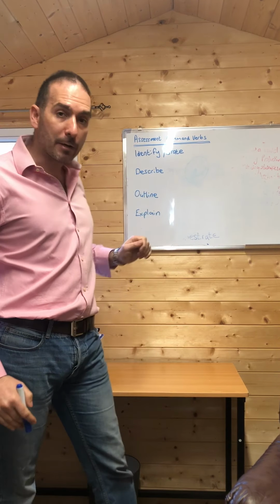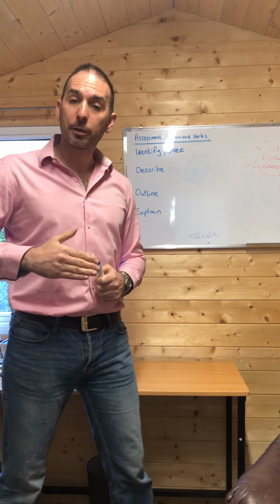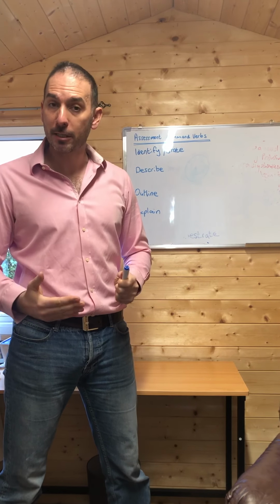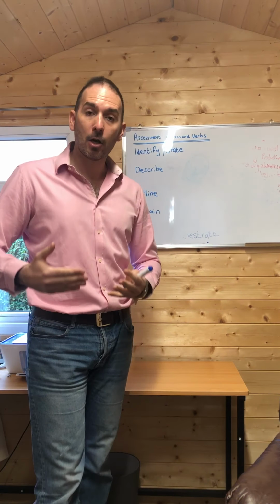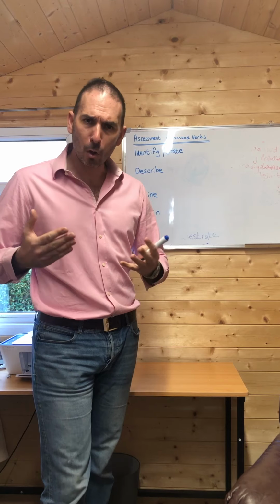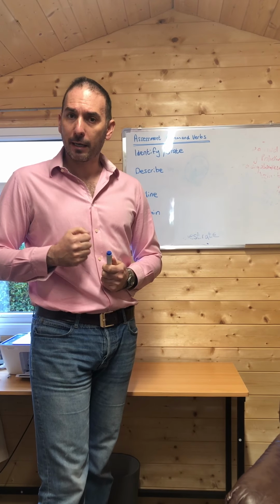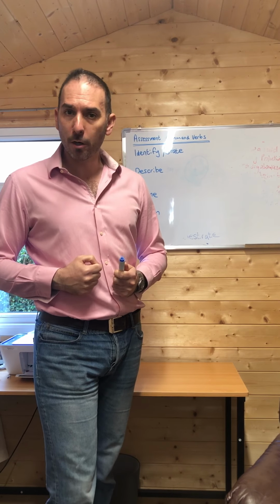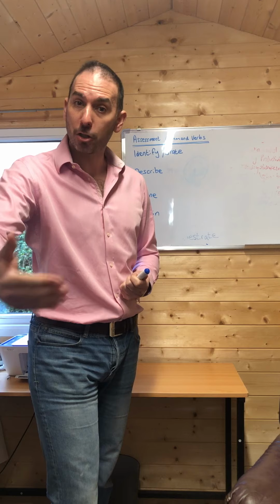But if you're asked to describe, that's wanting you to go on a little bit further. That's wanting you to talk about the different characteristics of a system or an asset or a problem or a procedure. I always think about describe in using Roy Walker's famous catchphrase, say what you see. That's what describe is, say what you see.